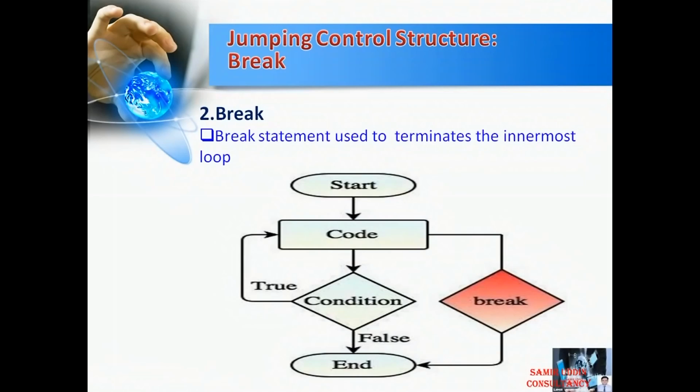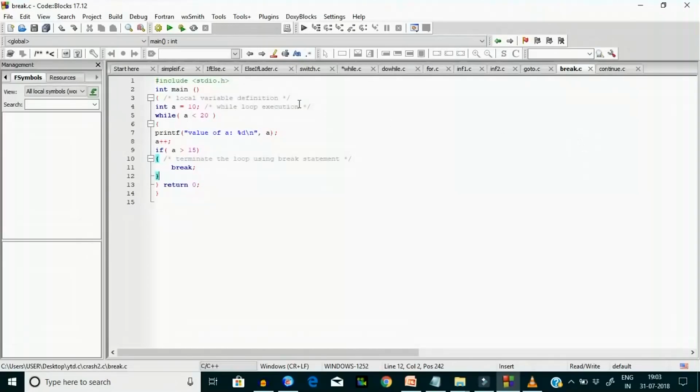So let's take an example to understand the break keyword. Here I have taken the main function, and inside it I have taken an integer variable initialized as 10, and we have taken a while loop.